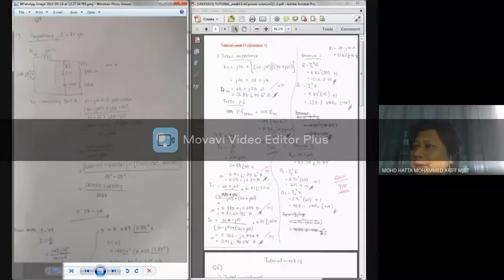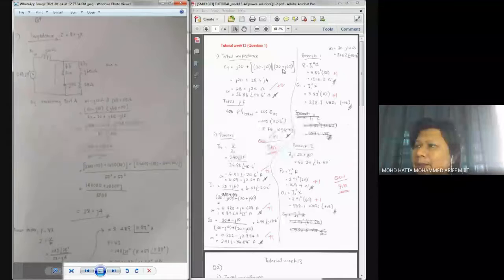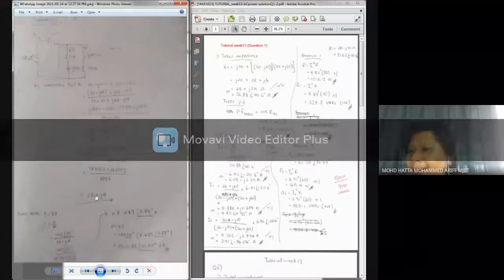So now Z total is given by J20 plus 30 minus J10 in parallel with 20 plus J60. Something missing over here. Mo left out the J20.